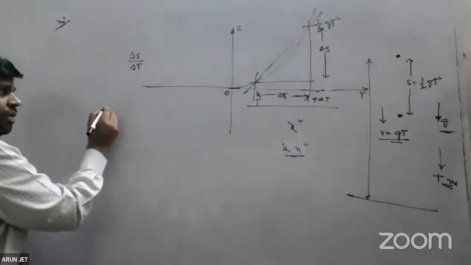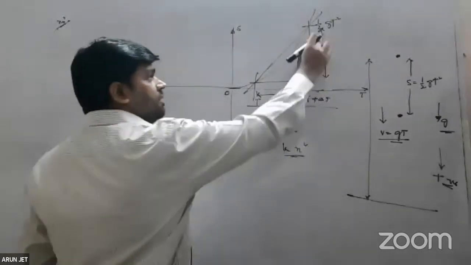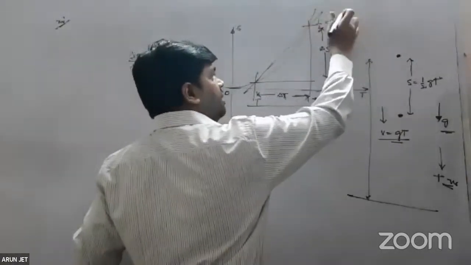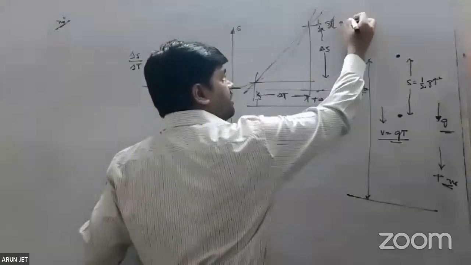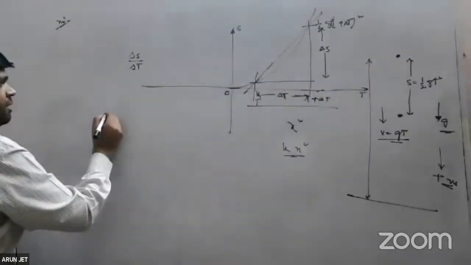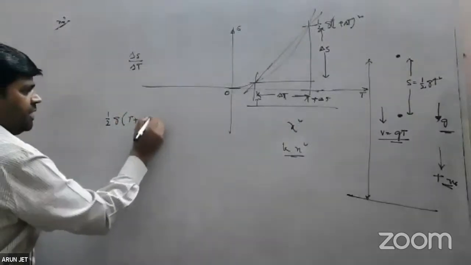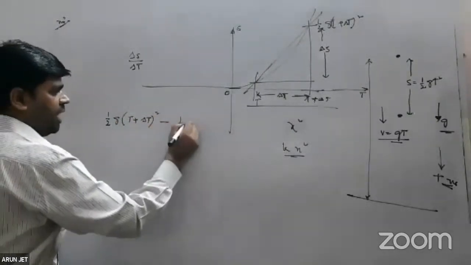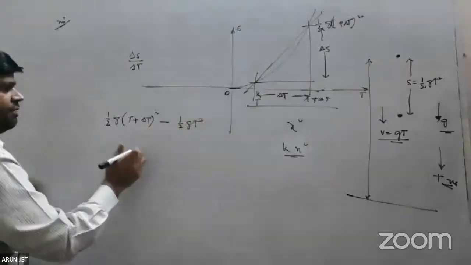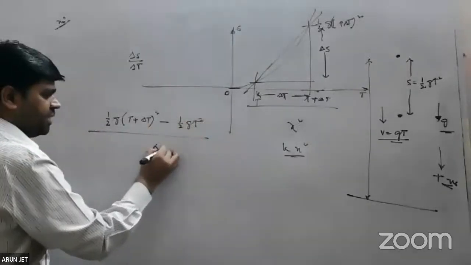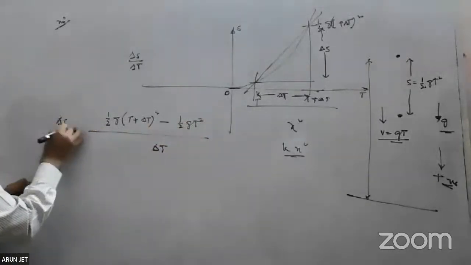So how much is delta s? It's half g t plus delta t whole square minus half g t square. Y2 minus y1 by x2 minus x1 is my delta s by delta t.